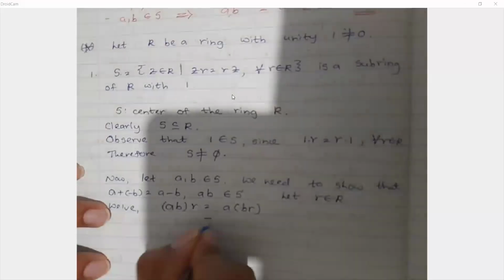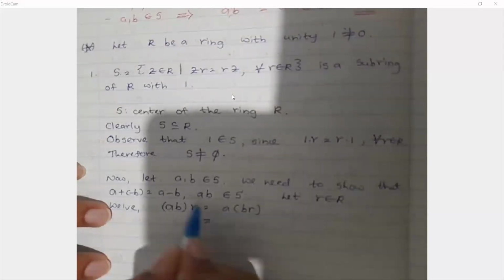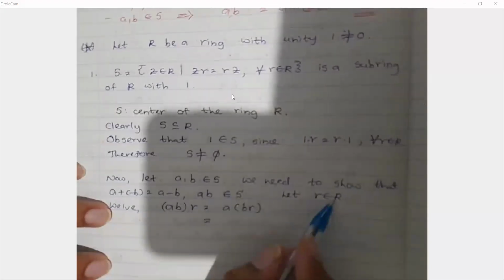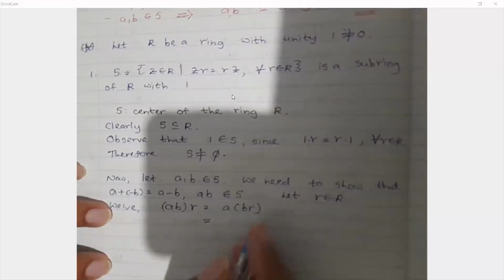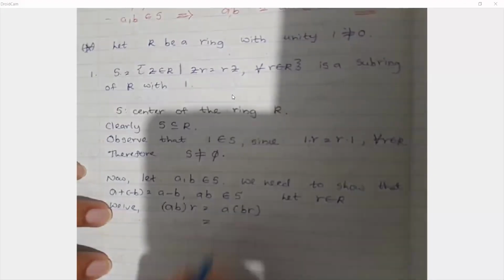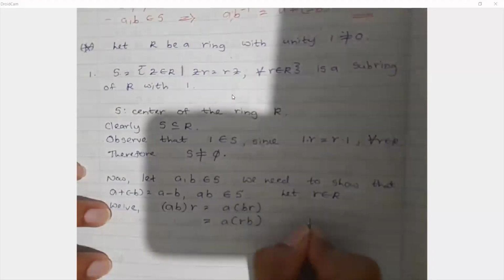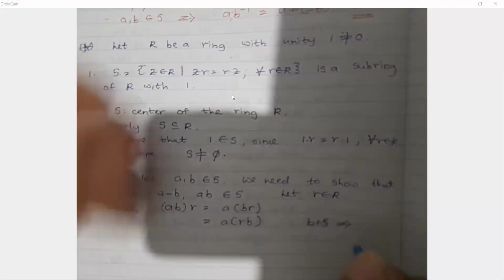And then b is an element in S, so for any r that you take from the ring, we must have br equal to rb. So we must have a times rb, because b in S implies that br is equal to rb.